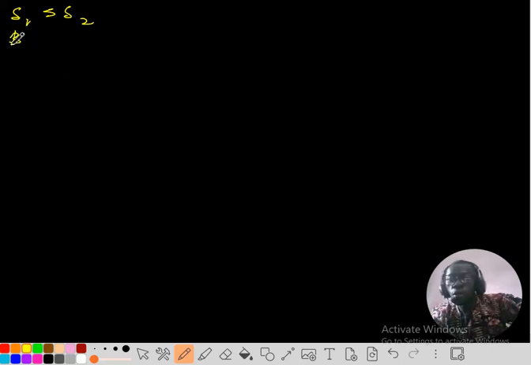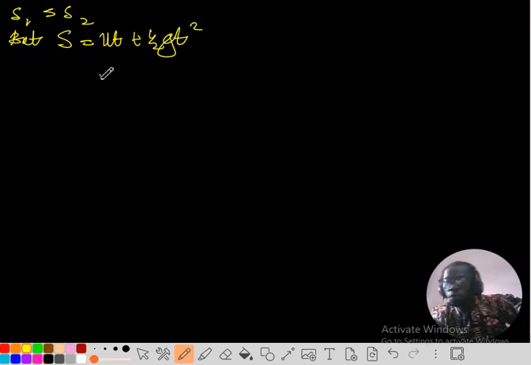But distance for a falling body is x equals ut plus half gt squared, falling under gravity, and the initial velocities have been given, u1 and u2. So we have to consider the two objects.